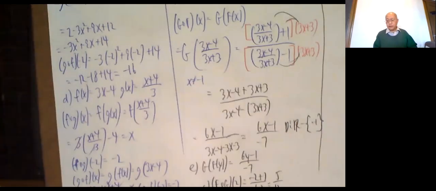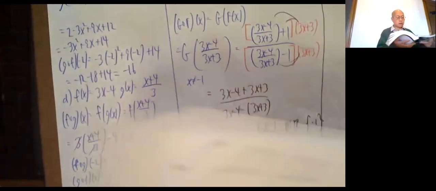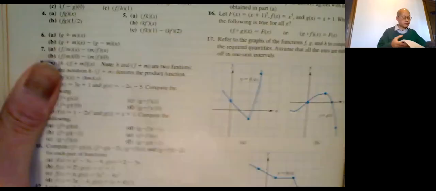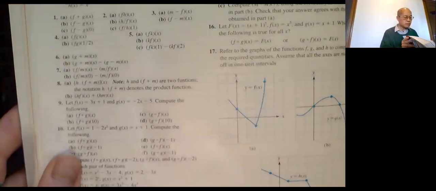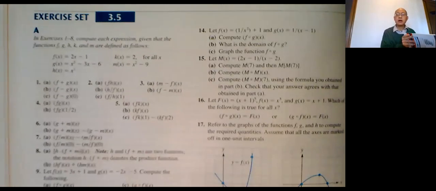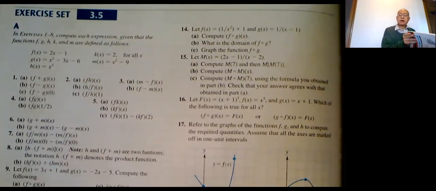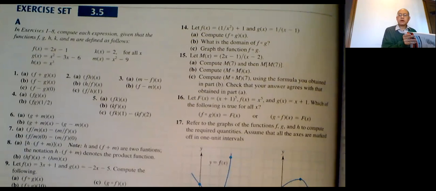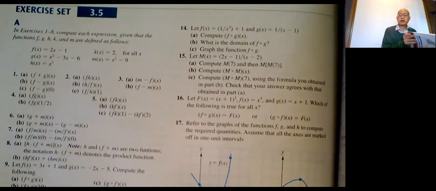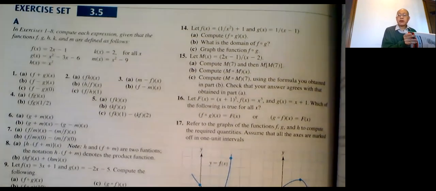Okay, then all we have left are 15 and 17, and we're done with the section. You have M composed with itself. I won't do the whole thing, but I just set you up with it. 15. So M of x is 2x minus 1 divided by x minus 2.